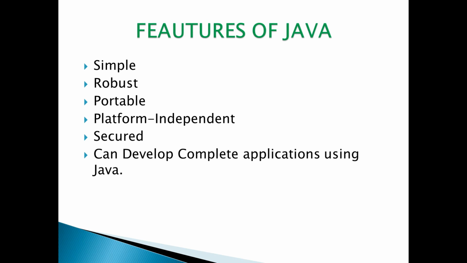So Java is simple, Java is robust. What does robust mean? Robust means Java itself has some features, like it has garbage collection on its own. In the case of C++, when an object is used, we need to provide a destructor. In the case of Java, there is no need for a destructor.